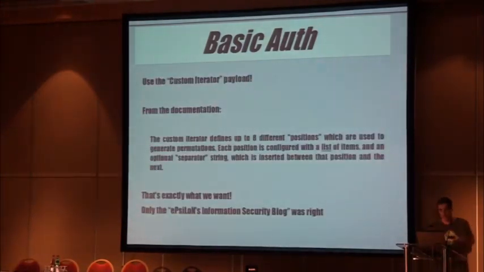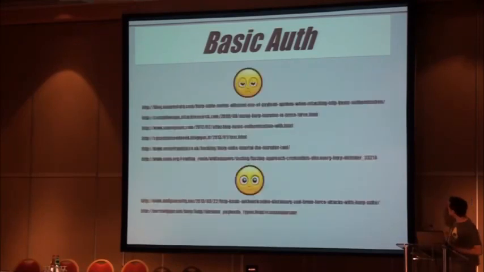Okay, so that's the URL just to prove my point. And this is how to do it. You take your request, you highlight the base64 string, and you define one payload location. And then you have a custom iterator. You have 2 positions. The first one is a list of usernames with a colon in order to separate from the password. The second position is a list of passwords.